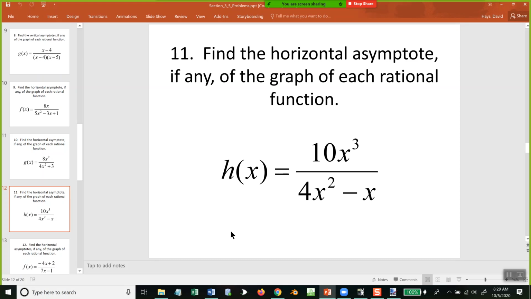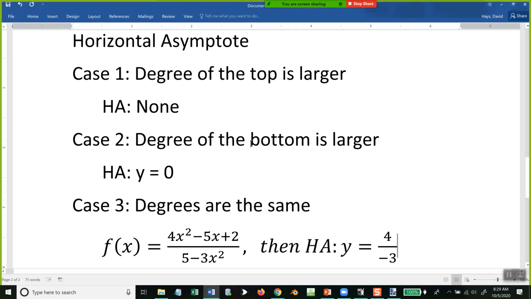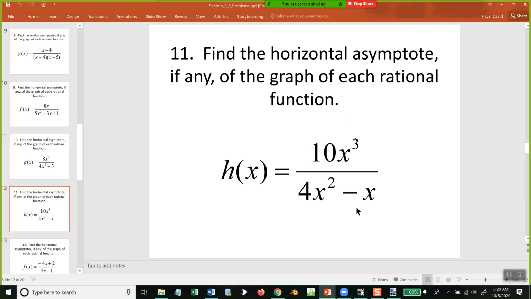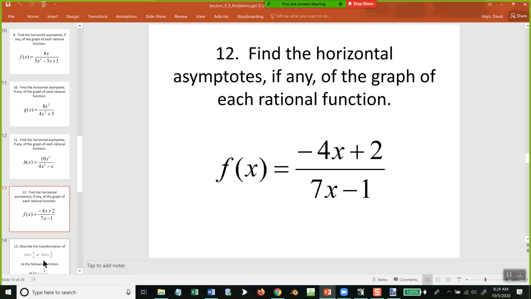Number 11, degree of the top is 3, degree of the bottom is 2, so the degree of the top is larger. That's case 1. It says we have no horizontal asymptote. So here the answer would be none. And one more. Find the horizontal asymptote of this one.